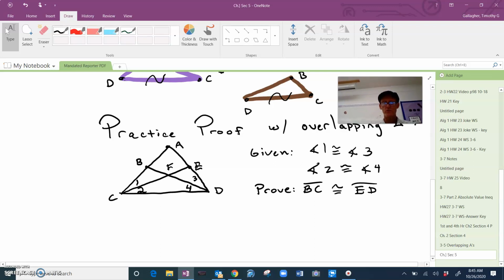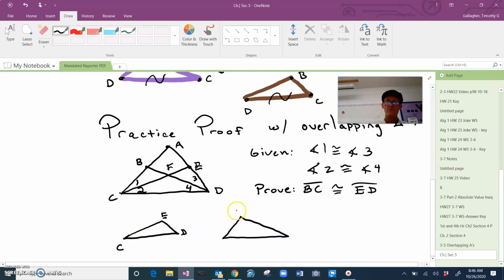So if you can see the two triangles, that's great. You should take them out. Taking them out would look like this. Take this triangle out here, and I'll label it with an E here, a D here, C here. And we'll take this triangle out, and this is a B here, C here, and D here.